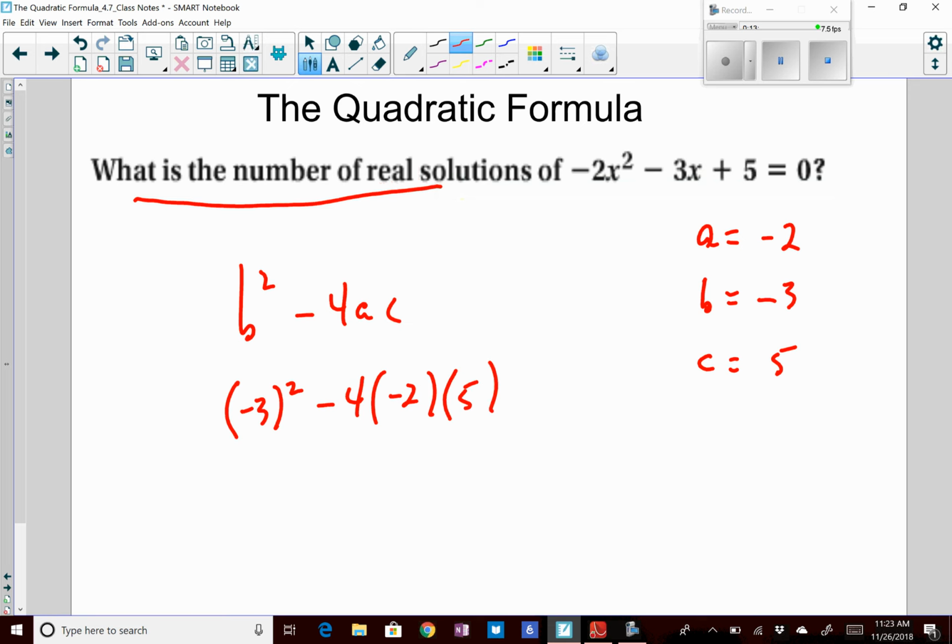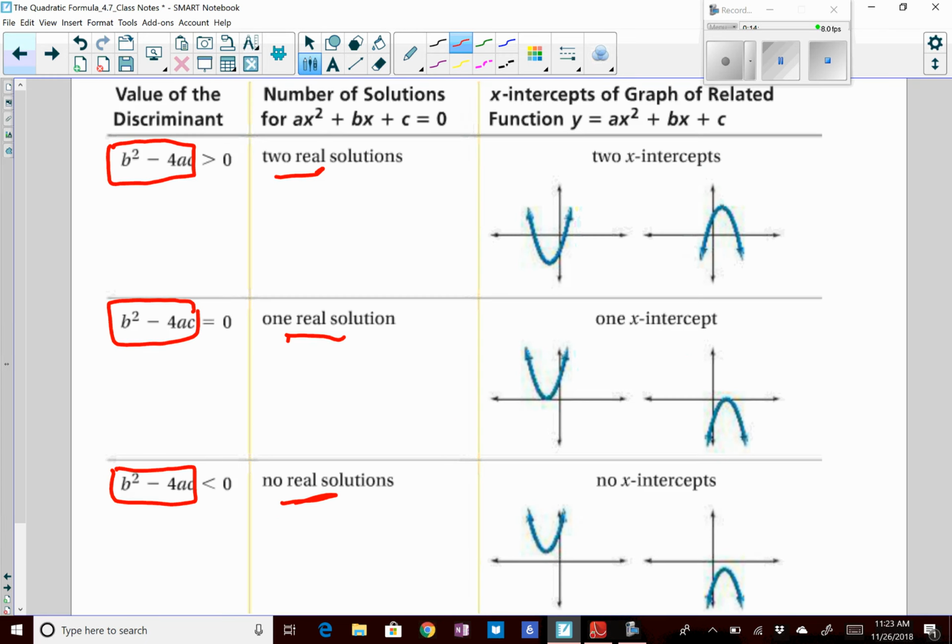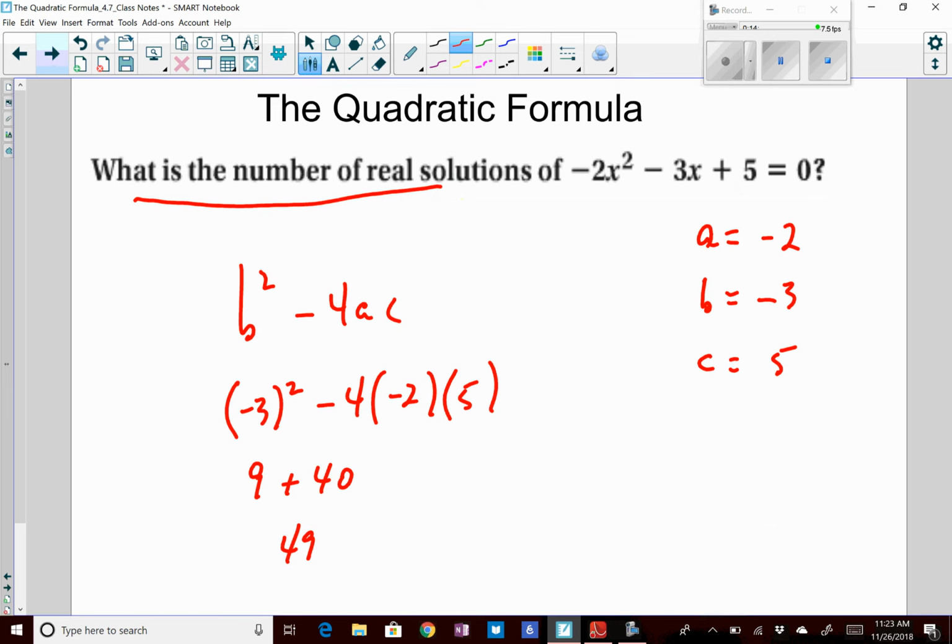So let's see what we have. -3 squared gives us 9. -4 times -2 gives us +8. 8 times 5, 40. So our discriminant is 49. Since our discriminant is positive, we have 2 real solutions.